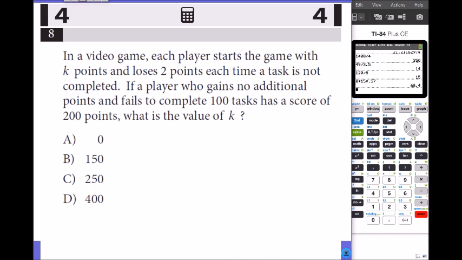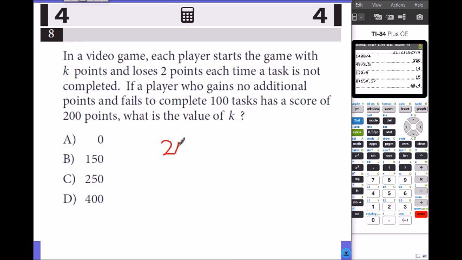8. In a video game, each player starts the game with K points and loses 2 points each time a task is not completed. A player who gains no additional points and fails to complete 100 tasks has a score of 200 points.